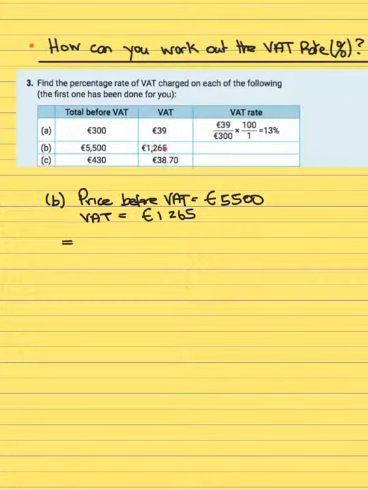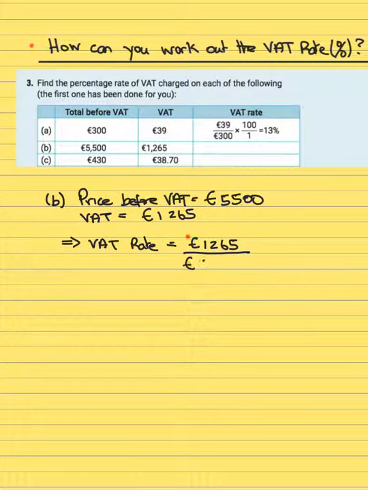Now that is a percentage of 5,500. We have to find out what percent it is, and that's the VAT rate. So we put the 1,265 over the 5,500, write it as a fraction first, and then to change it into a percent, we multiply it by 100 over 1, and we can just pop that into our calculator.